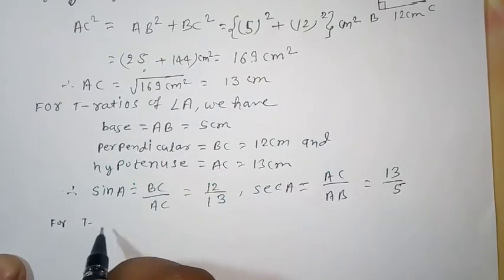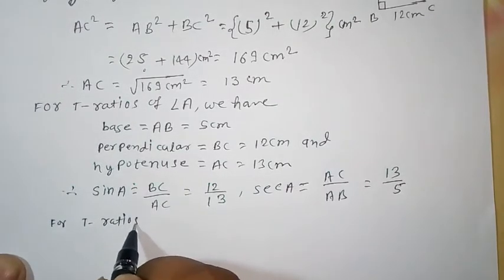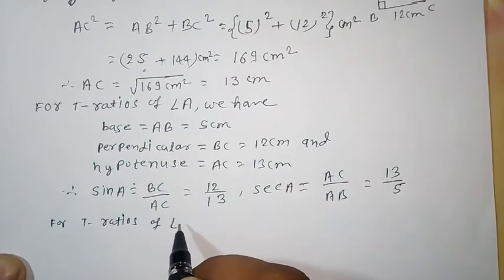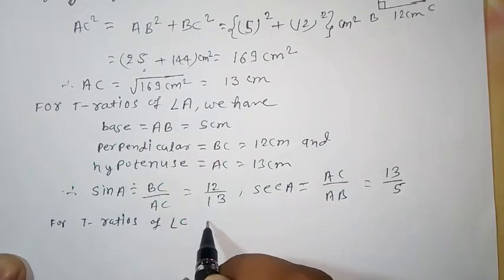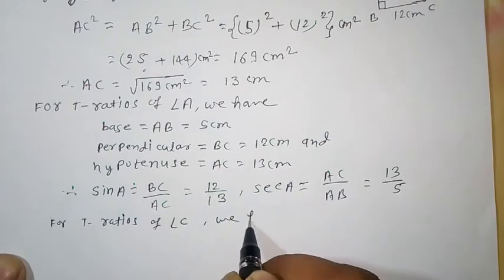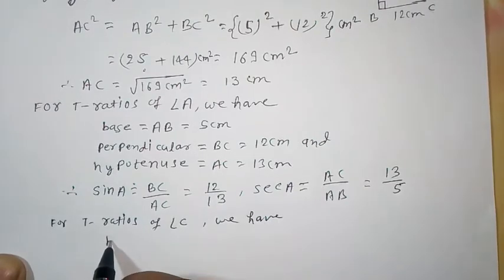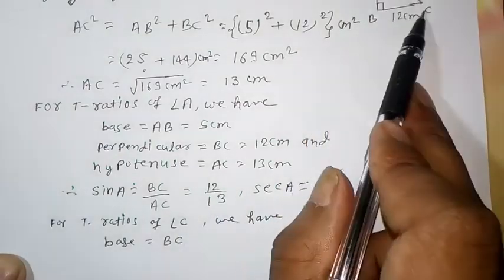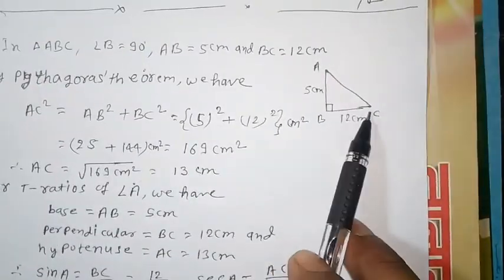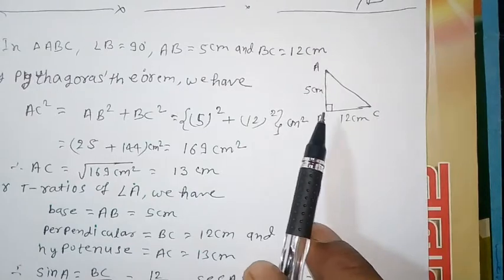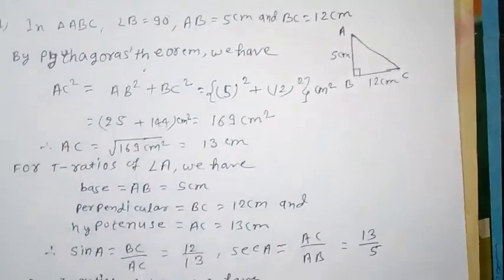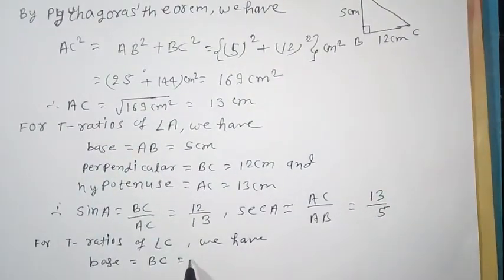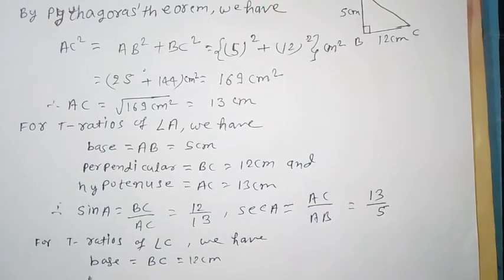For trigonometry ratio of angle C, we have base is equal to BC. For C, perpendicular is equal to AB, base is equal to BC. Okay, base is equal to 12 centimeter.